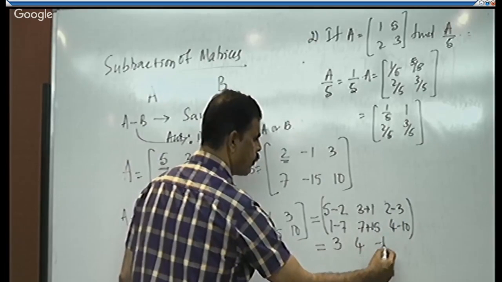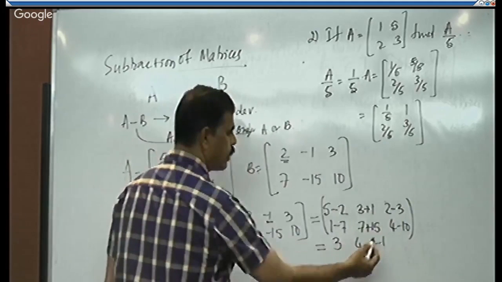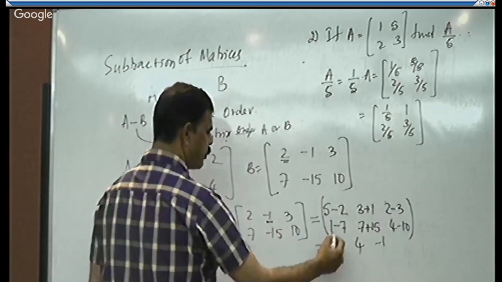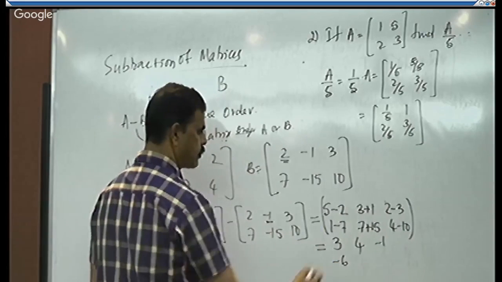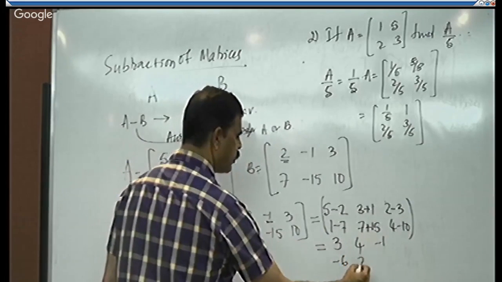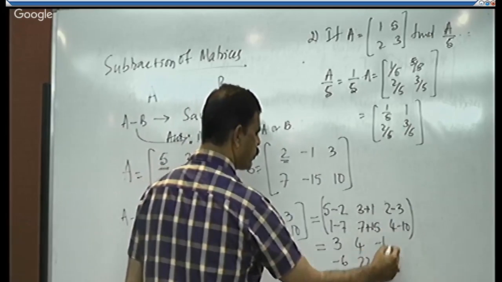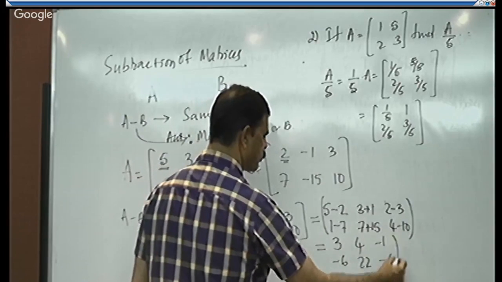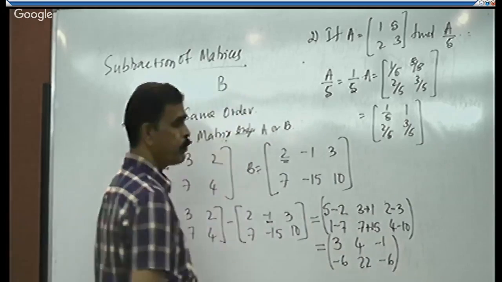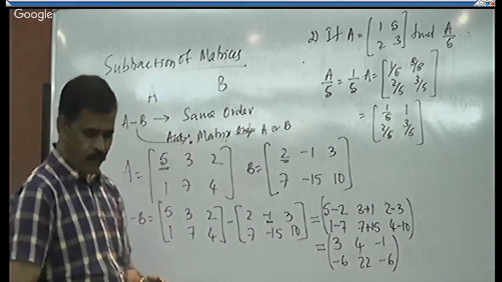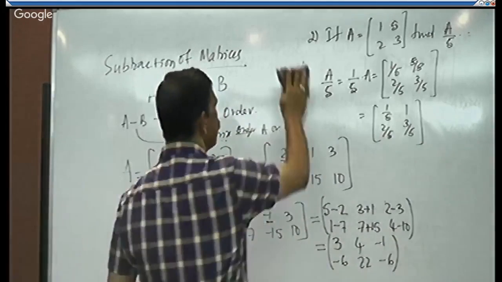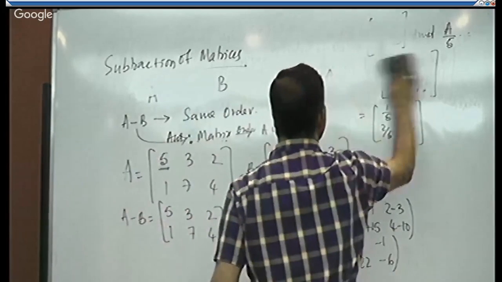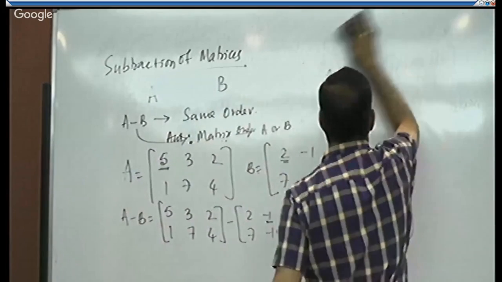It is 1, and we carry the bigger number's sign. 1 minus 7 is minus 6. 7 plus 15 is 22. 4 minus 10 is minus 6. This is the subtraction. Okay, we got the operations addition and subtraction.